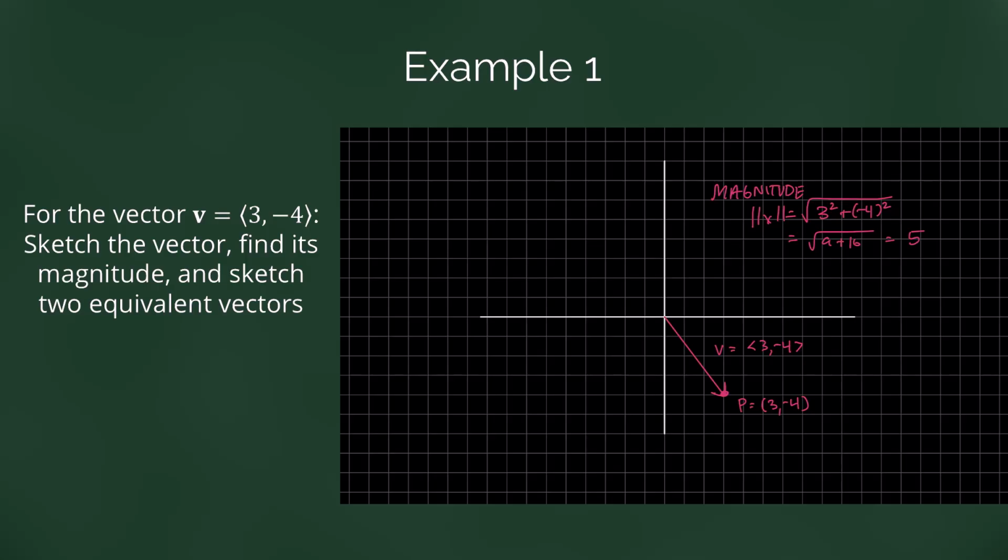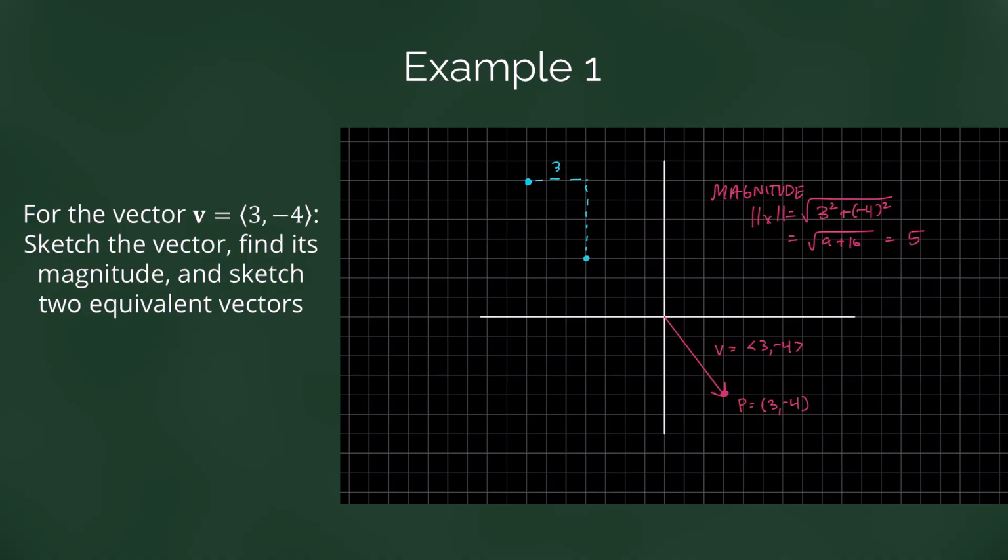Now we need to write or draw 2 equivalent vectors. We can pick any point that we want as the beginning point, and we know that our vector is going to have 3 as its horizontal component and negative 4 as its vertical component.